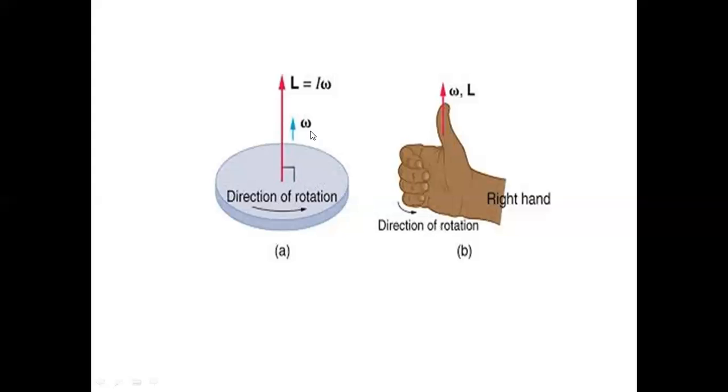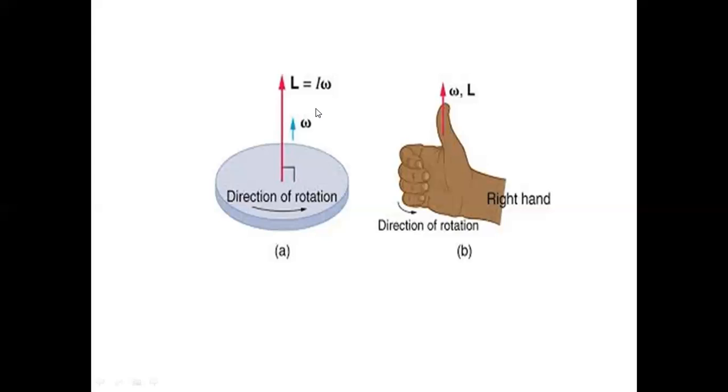Now whenever I am going to give a precessional movement, how can I give it about the z axis? I can give it in this direction or in this direction. In that case, we have to rotate our right hand in that direction, towards right or left, by 90 degrees.